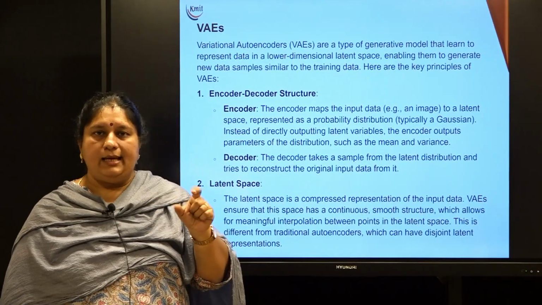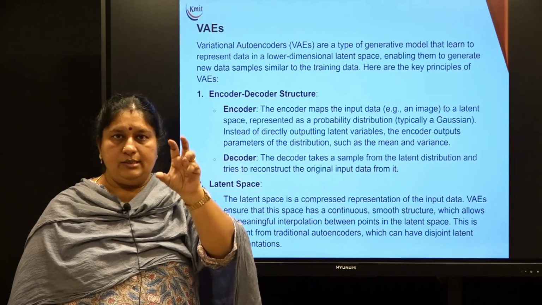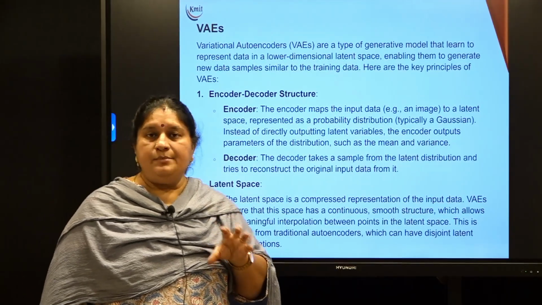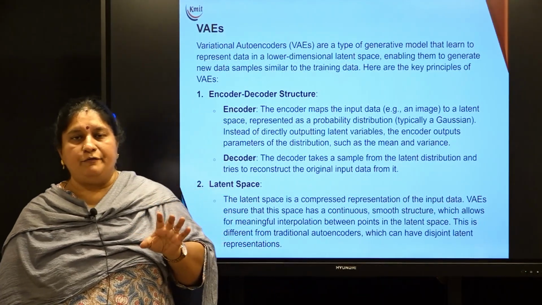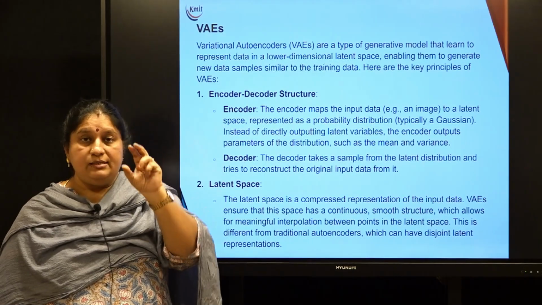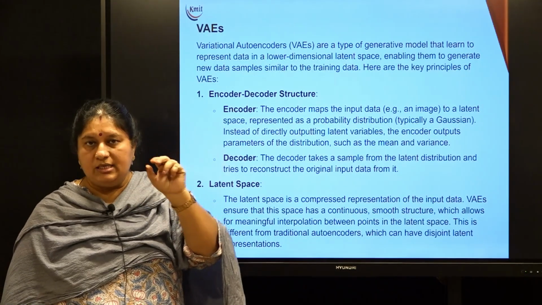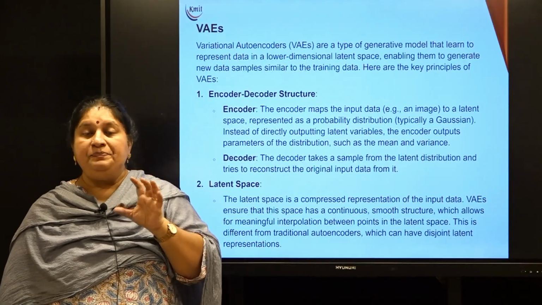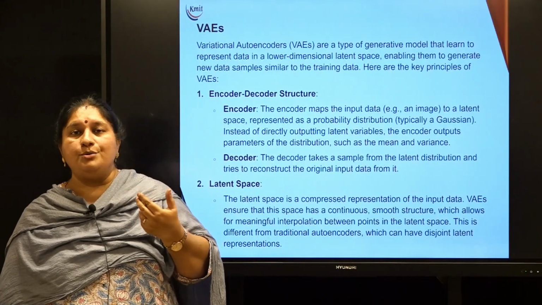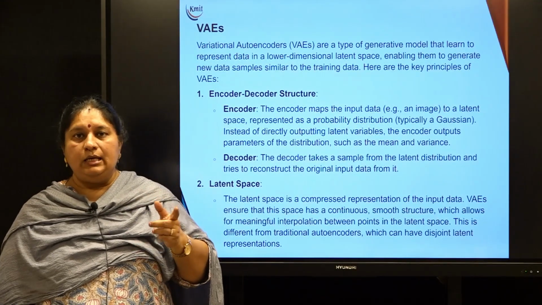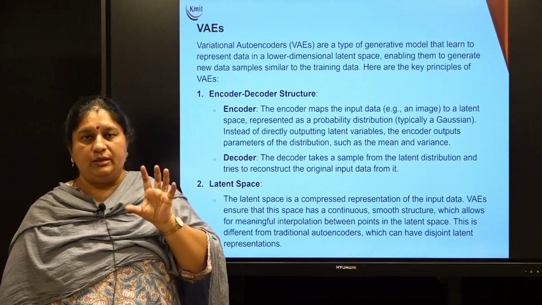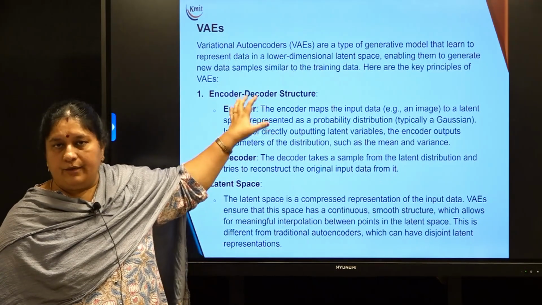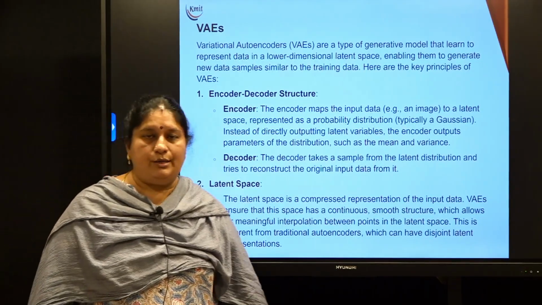I can take an example of image size compression. Sometimes whenever you are applying for any kind of examination, they say the image size should be only this much. They specify the size of the image. In such cases, when you want to compress the image and still have it look like the original picture, we can go for working with VAEs, variational autoencoders.